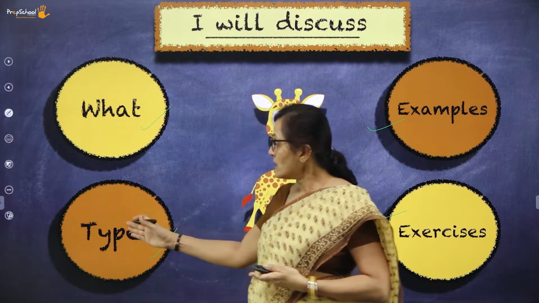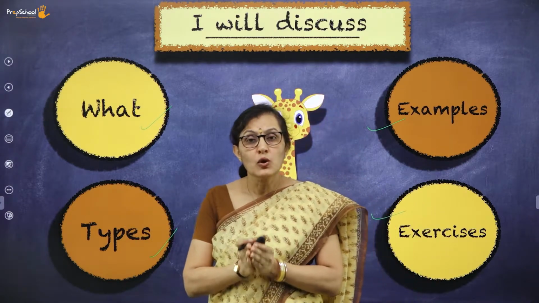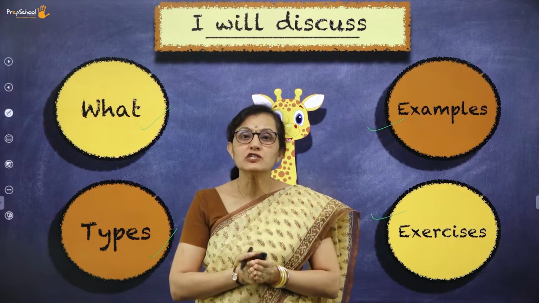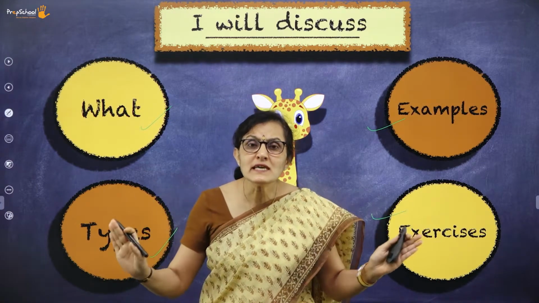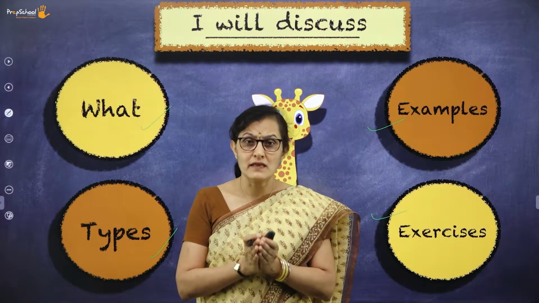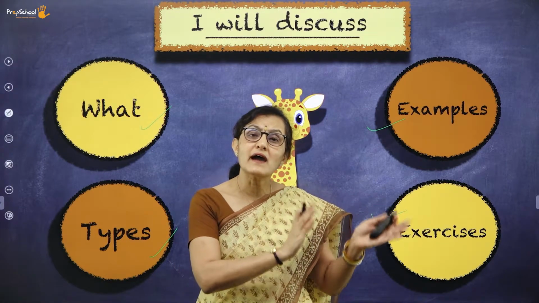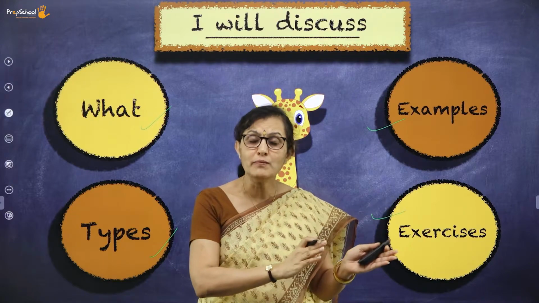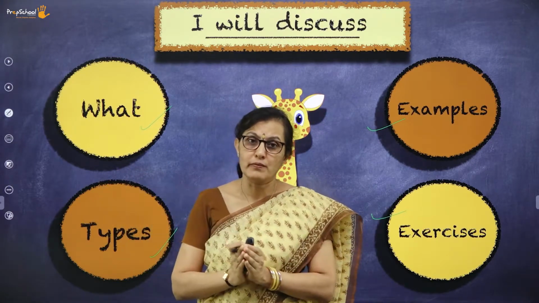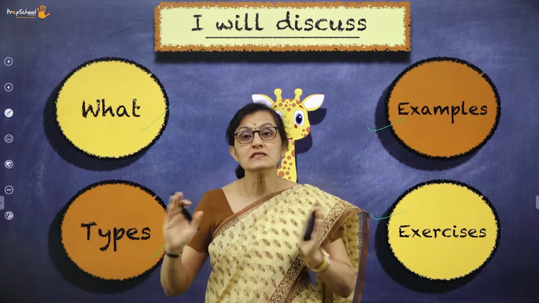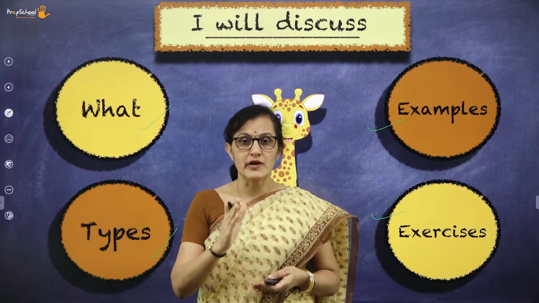And when you look at the types, the forms of this action, past, present, future, you will have 16 types of tenses. In that, 12 are the active form and 4 are the passive form. But passive tenses are not that important for you right now.